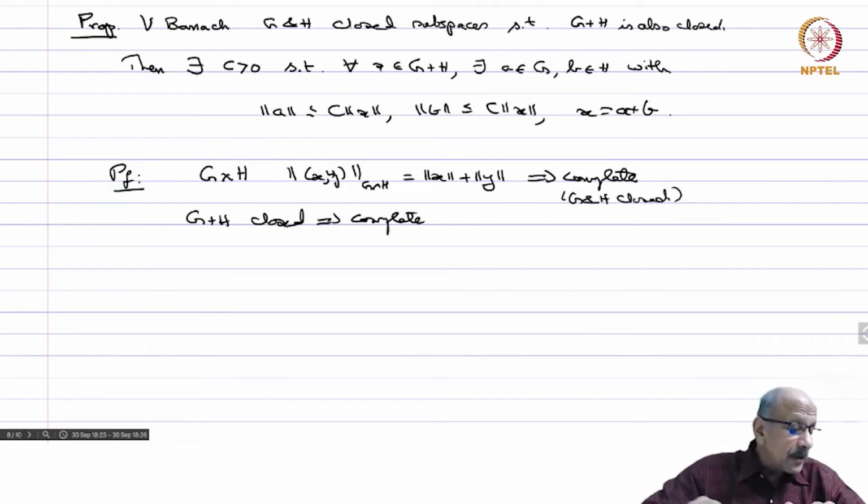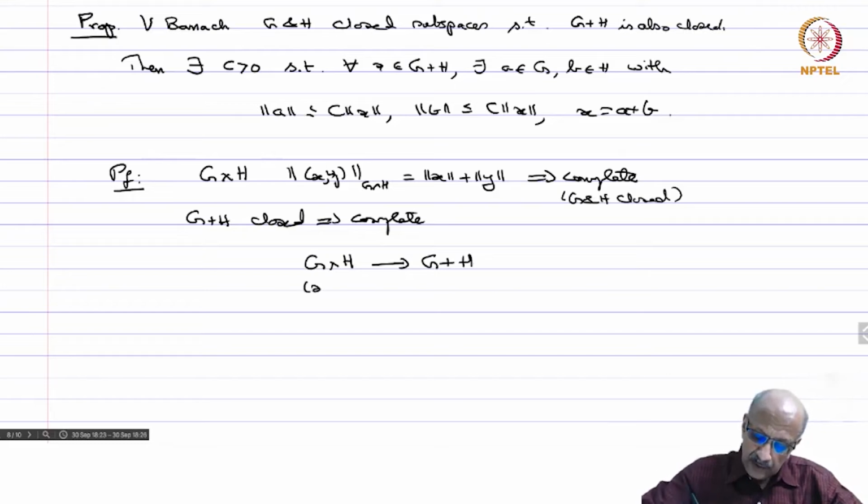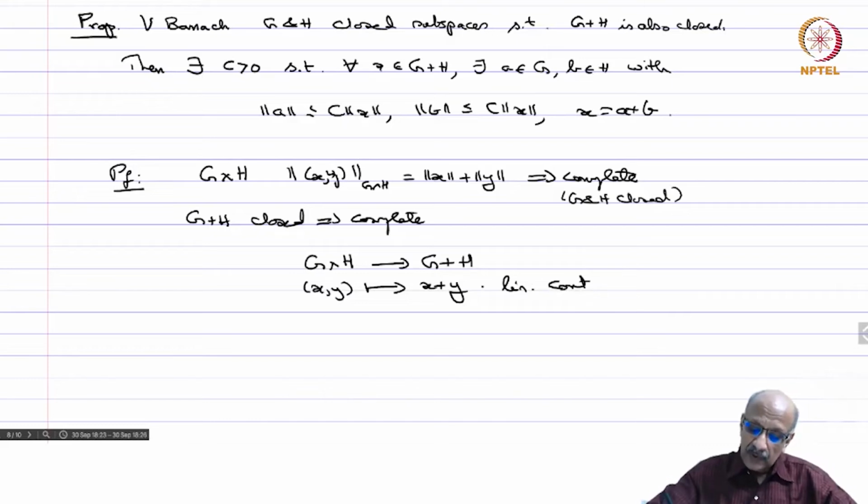So we have two complete Banach spaces and we are going to take a mapping from G cross H into G plus H. So we are going to take (x, y) going to x plus y. So this is linear and this is obviously continuous by the definition of the norm.